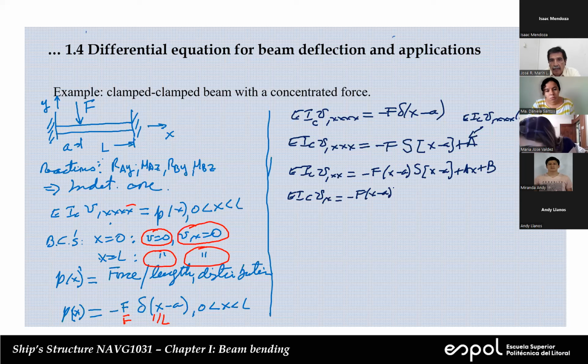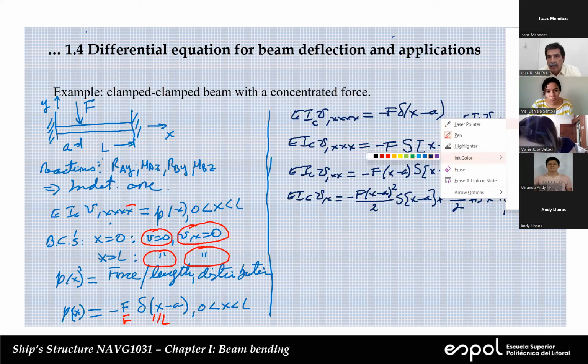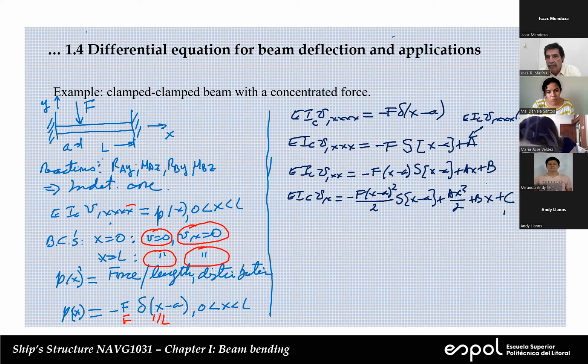X minus A squared over 2, step function, X minus A plus AX squared over 2 plus B. Okay, because this constant C is equal to EI V comma X at 0, then minus the integral, this term here, evaluated at 0.